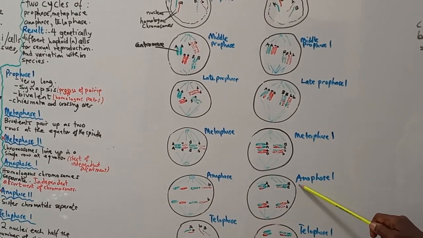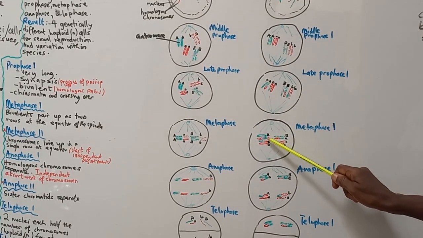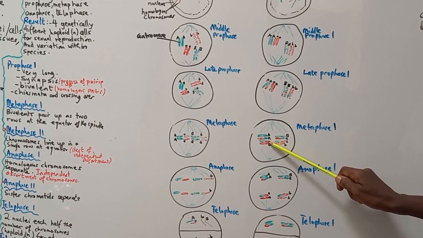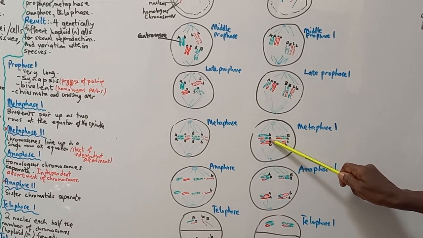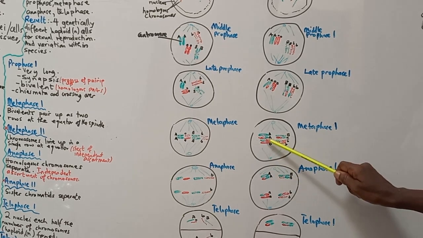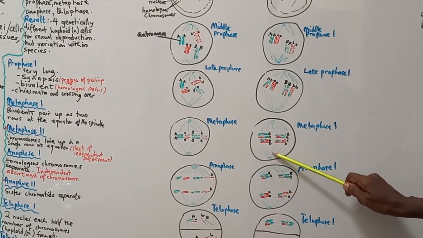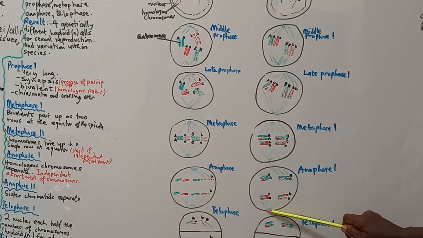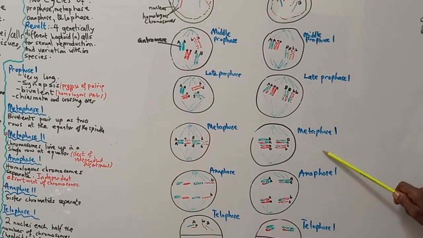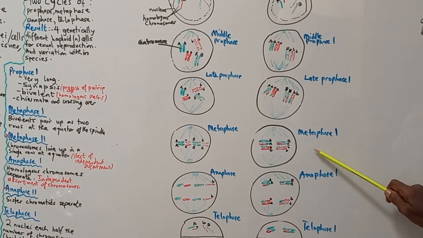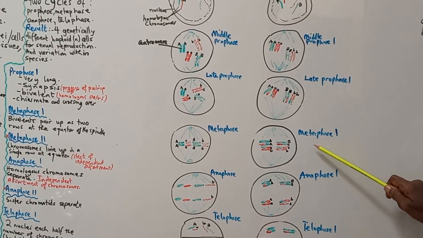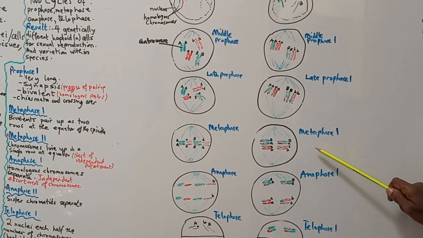In anaphase 1, rather, the homologous chromosomes that had lined up at metaphase 1 separate. So this chromosome goes up, this one comes down. At metaphase 1, what is called independent assortment of chromosomes starts.